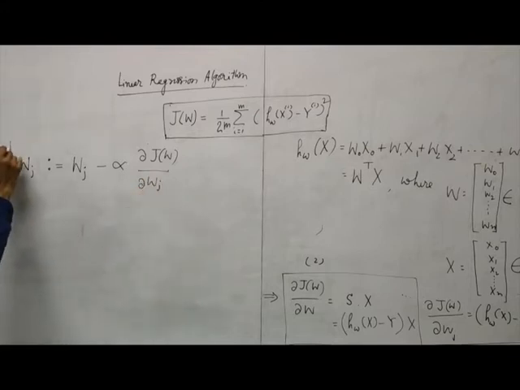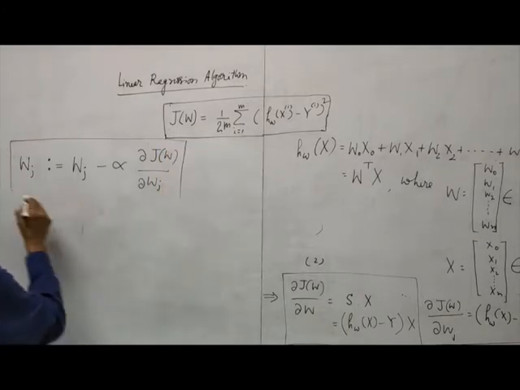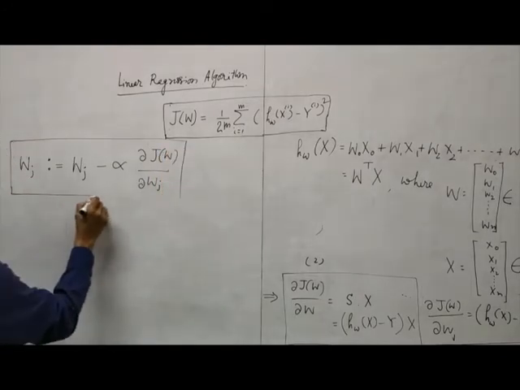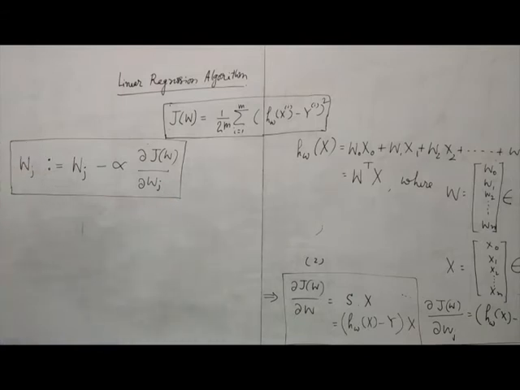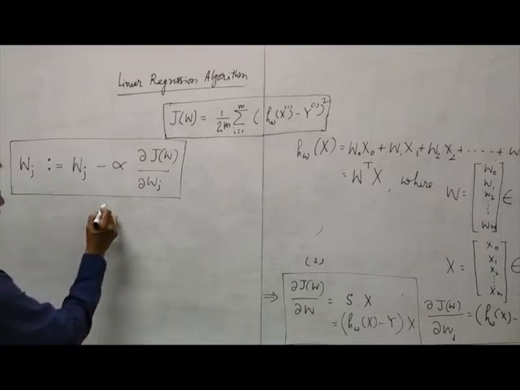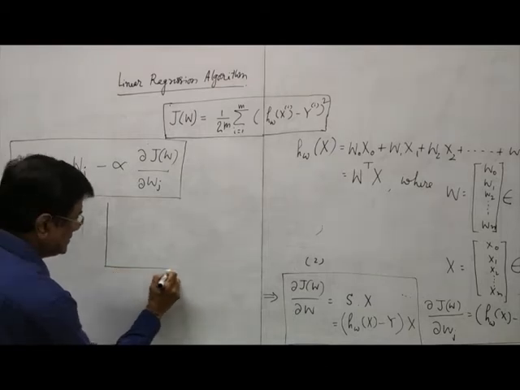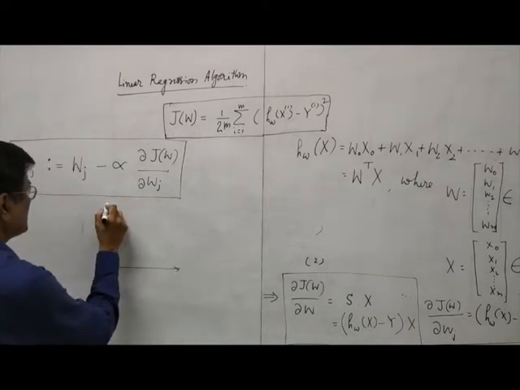So this is the updation rule which we are writing, so that the parameters will be evaluated. Note this is not an equality, as all of you know in programming, it is an assignment statement. So we can start from any W, right? Let us try to make you understand.